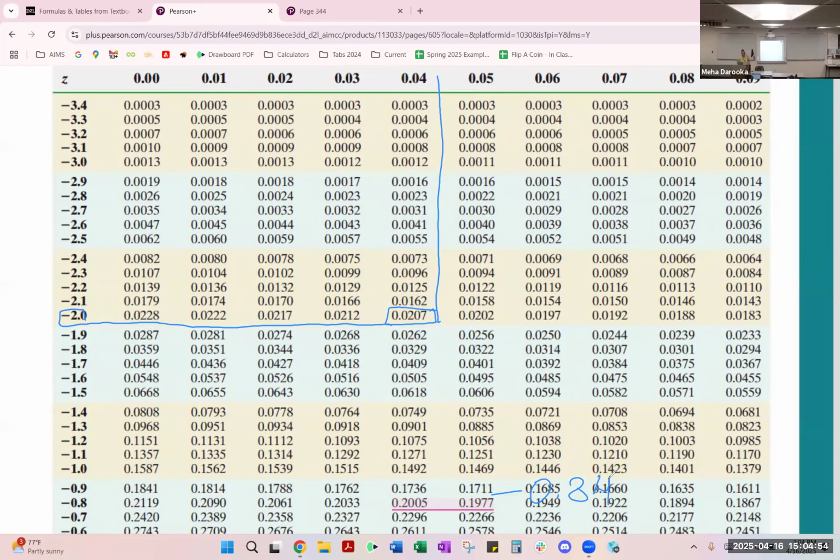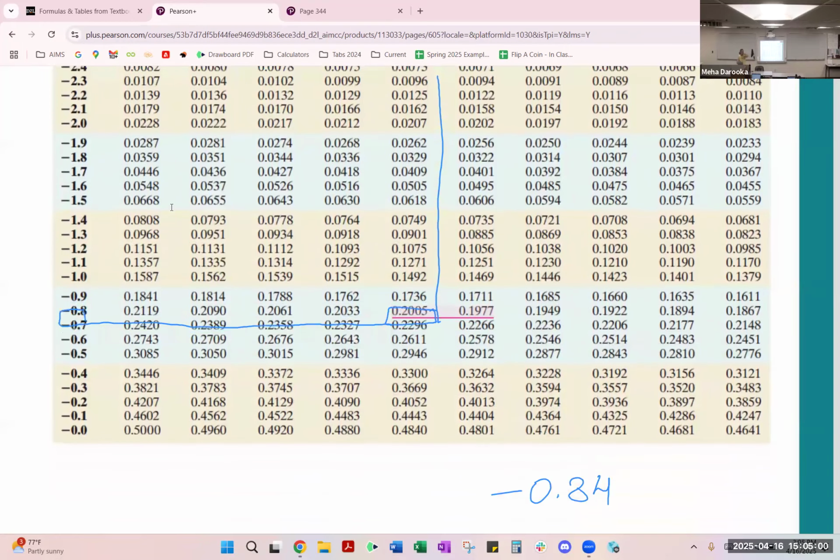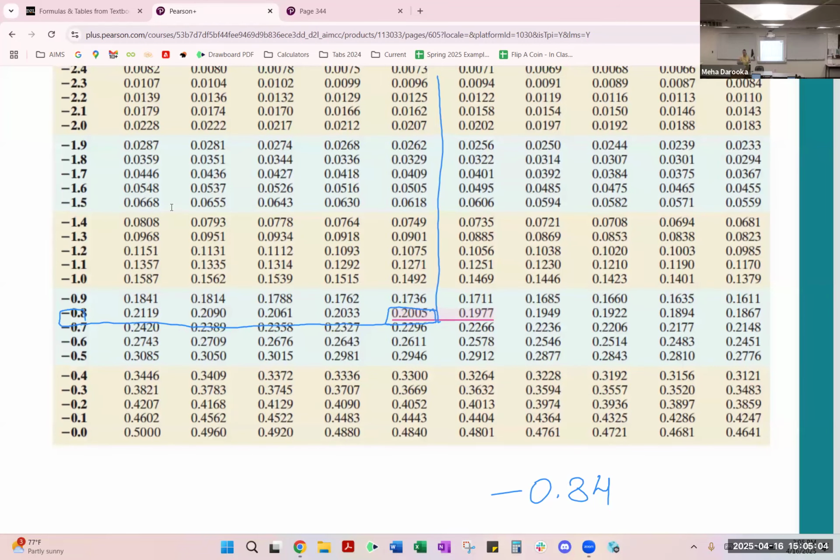So that's going to become your second decimal. And you can of course count because the way the decimals are, this column is 0.00, 0.01, 2, 3, 4. So you can count that way also. So the z-score associated with the value closest to the 20th percentile is going to be negative 0.84.